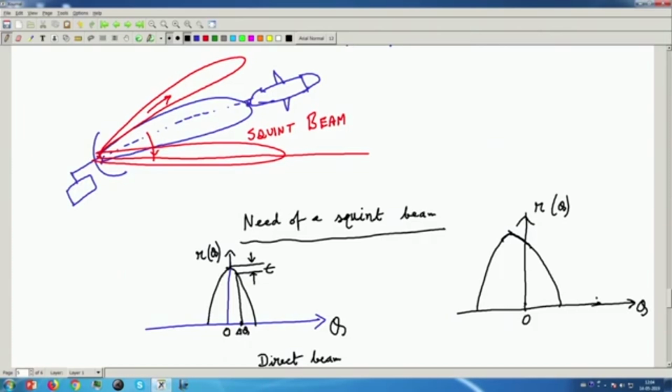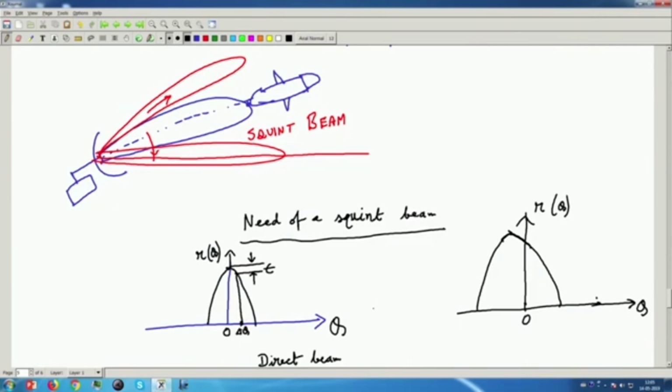Now, if it is slightly off that, then I will get something else, and since the radiation pattern is known, I can calculate how much error I will make. So what is this error epsilon? R at 0 minus R at delta theta, that is called the error signal.